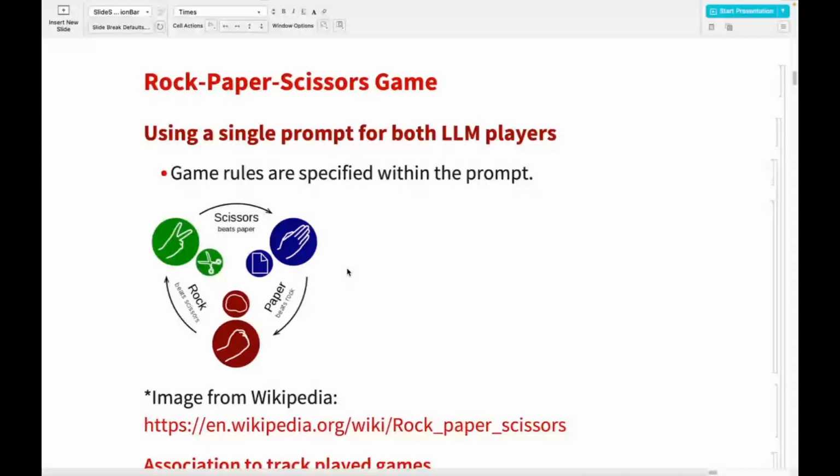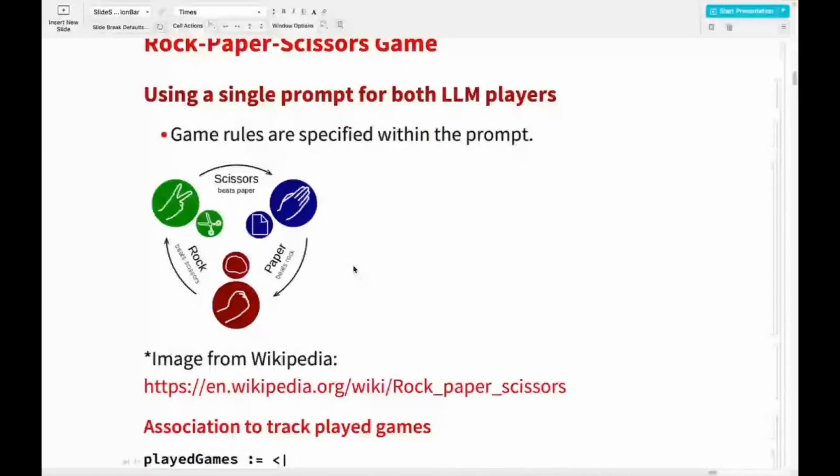And the idea was to create a prompt that was the same prompt for both players. In this case, the same prompt would be used for GPT 3.5 Turbo and GPT-4.